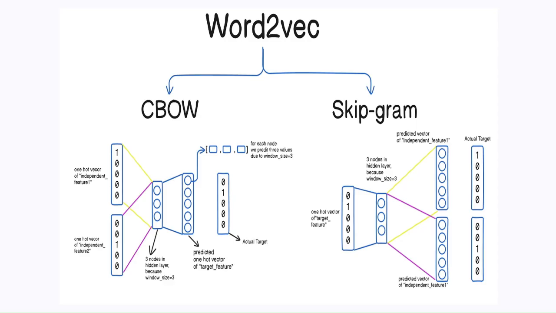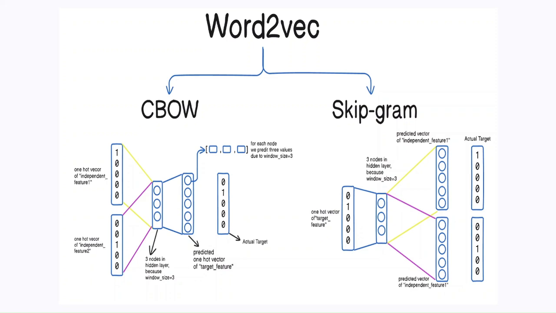So this is the same thing which I have shown there. This is again a little more in depth on how word2vec chooses the particular model, CBOW or skipgram. If you use one hot encoding for individual features here, then the hidden layer can be of window size 3, predicting the one hot vector of the target feature. For each node we predict three values since the window size is 3, and the actual target is the value given there.